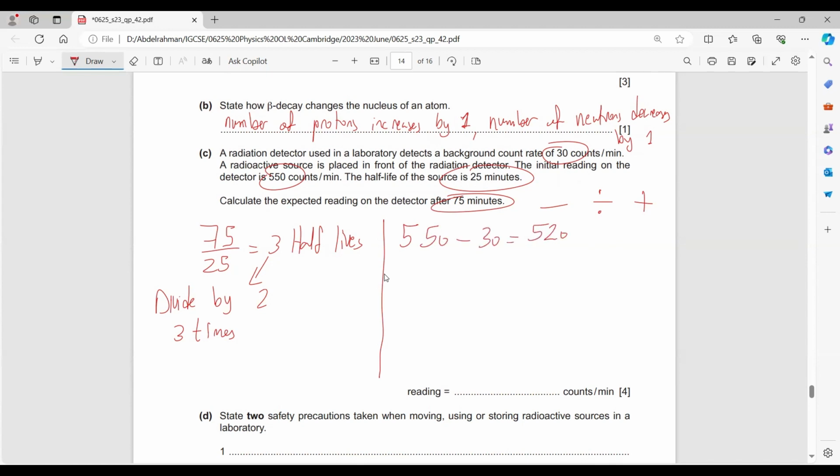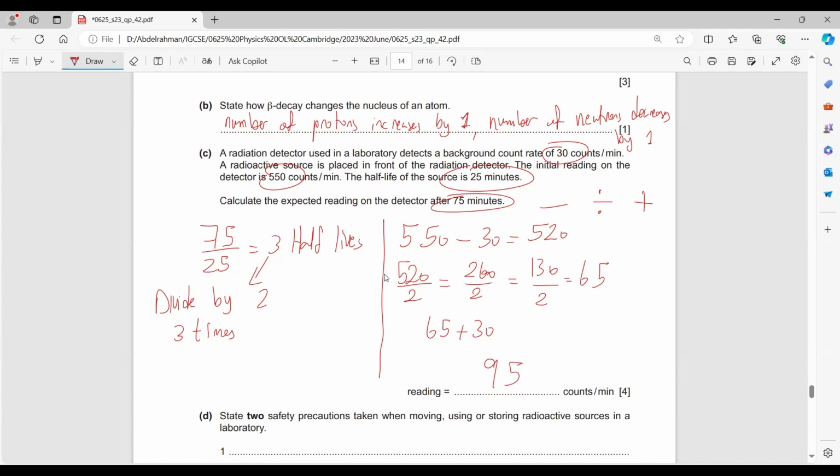Then divide by 2, 3 times. 520 divided by 2 is 260, divided by 2 again is 130, and again is 65. Then you add the background again, which would give you a total reading of 95 counts per minute.